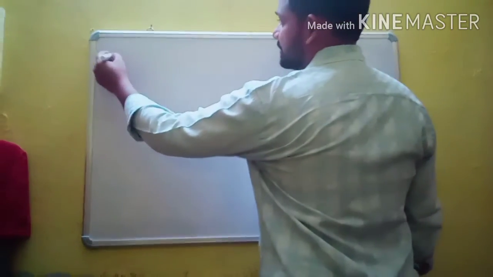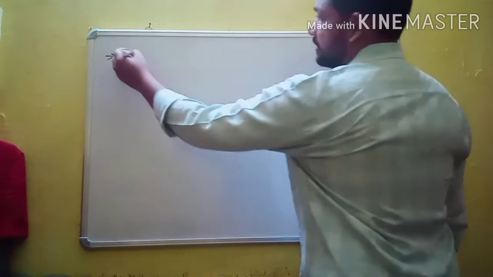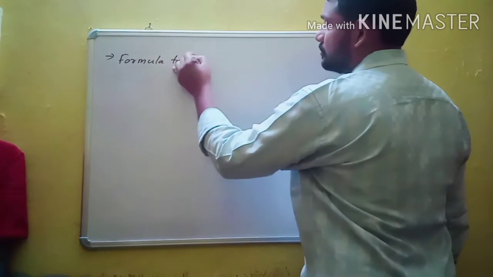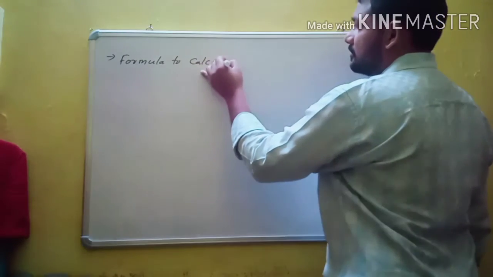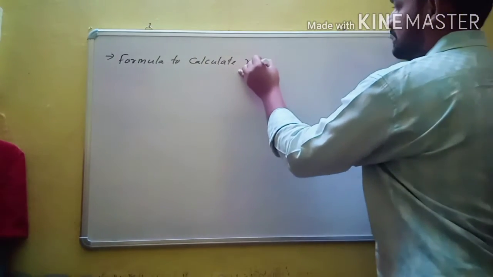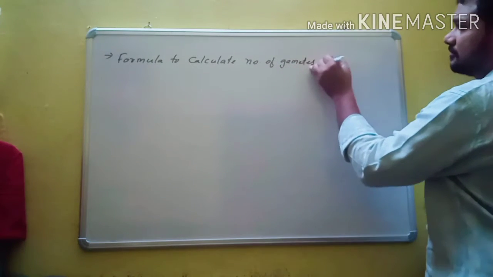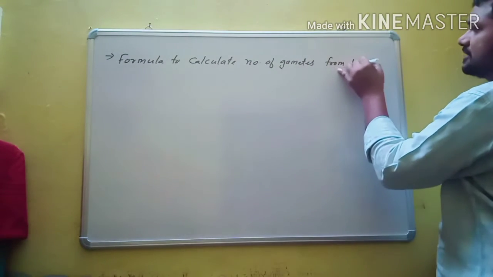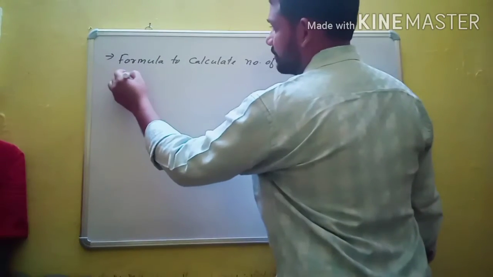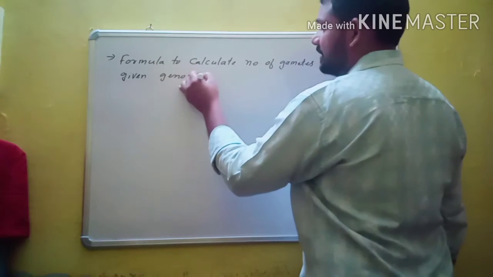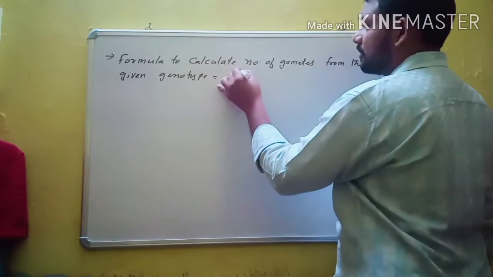The first one is the formula to calculate the number of gametes from the given genotype, so that is 2 to the power of n.